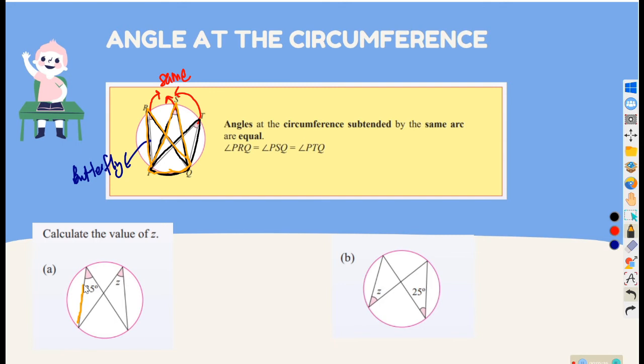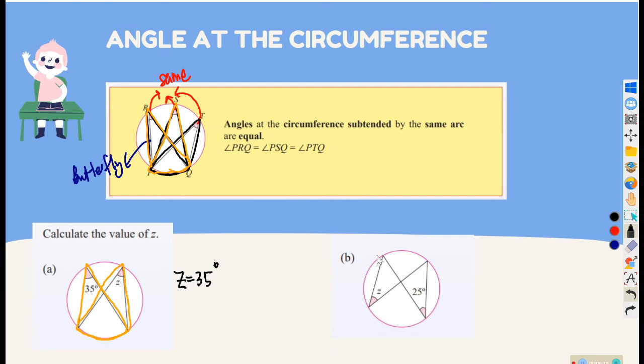Going down to the same arc, then you find another chord here, and going down again to the same arc, which means that the value of Z here is equal to 35 degrees, because the angles here are the same.